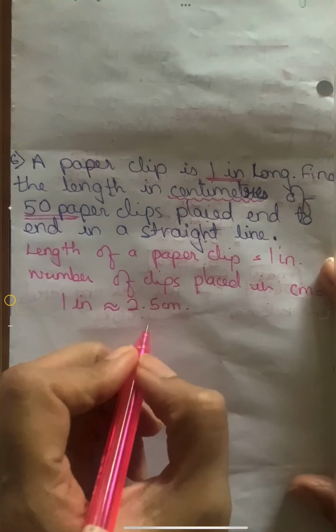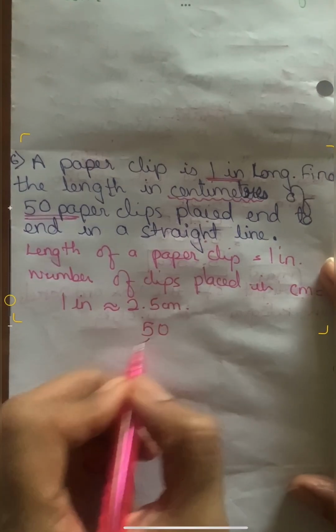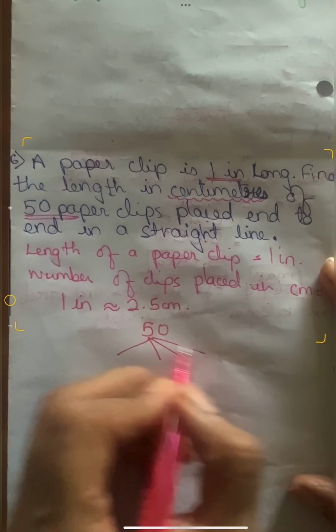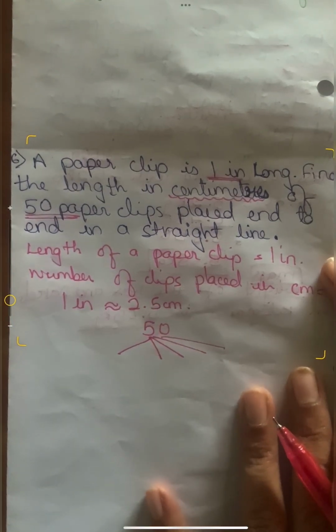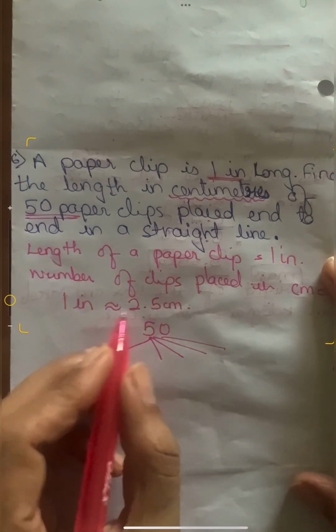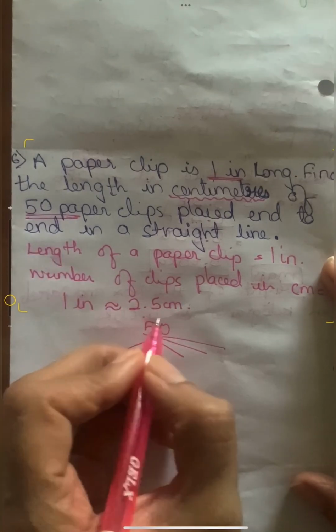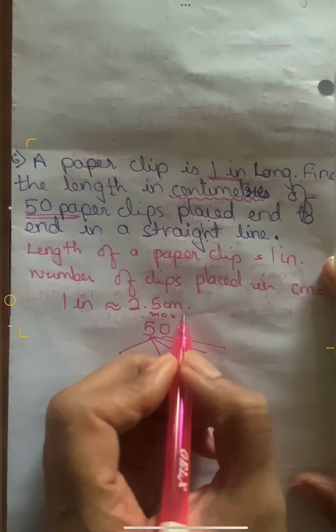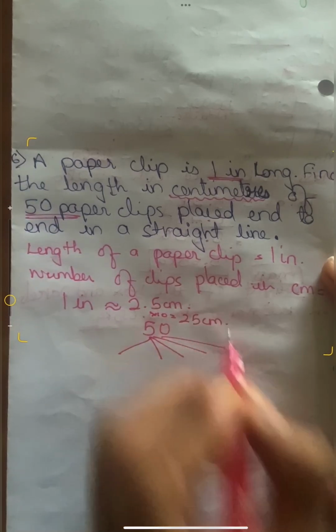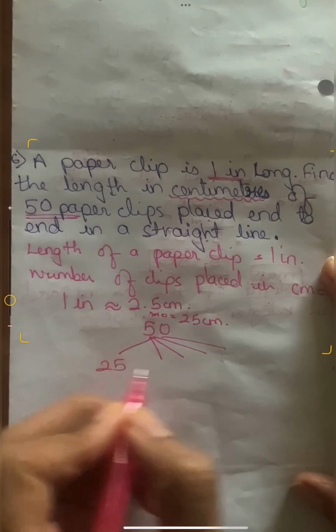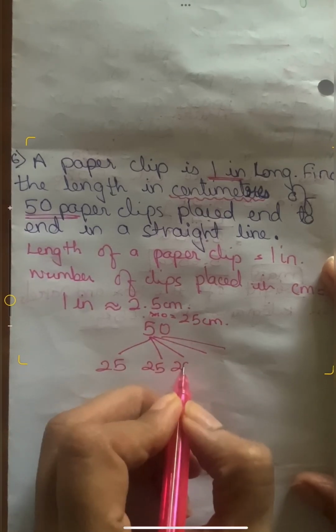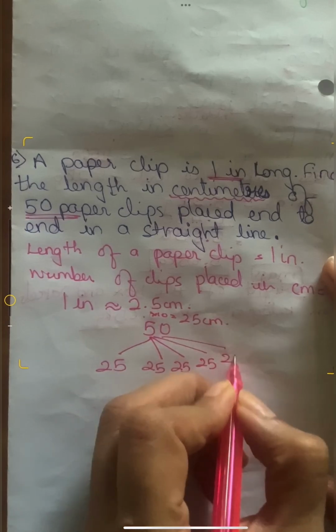So let's break this 50 for this 2.5: 10, 10, 10, 10, 10. How many times? 5 times. We know 1 inch equals 2.5, so when I do it times 10, it will be 25 centimeters. I'm just doing simple mental math. So 25, 25, 25, 25 and 25.